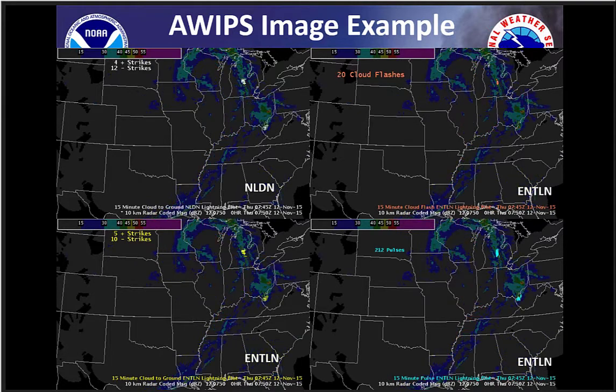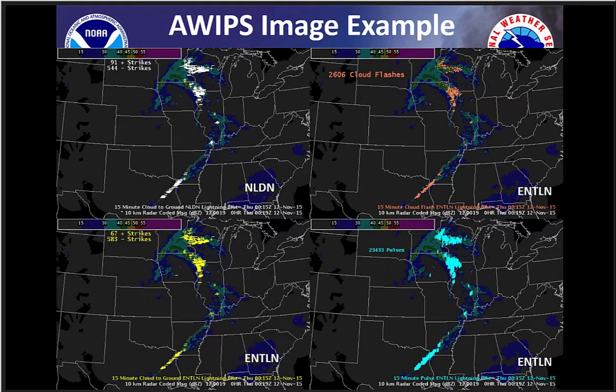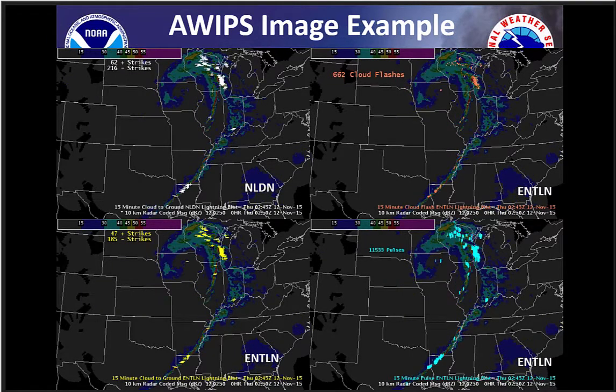So you can see that on the left we have the NLDN plot of the CGs, and then in the lower left we have the Earth Networks cloud-to-ground lightning plot as well.